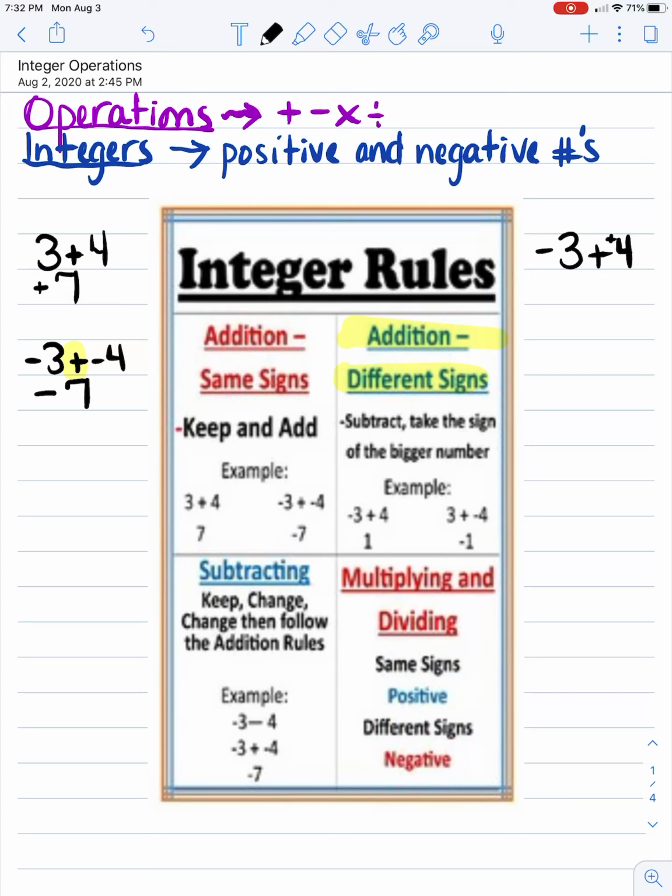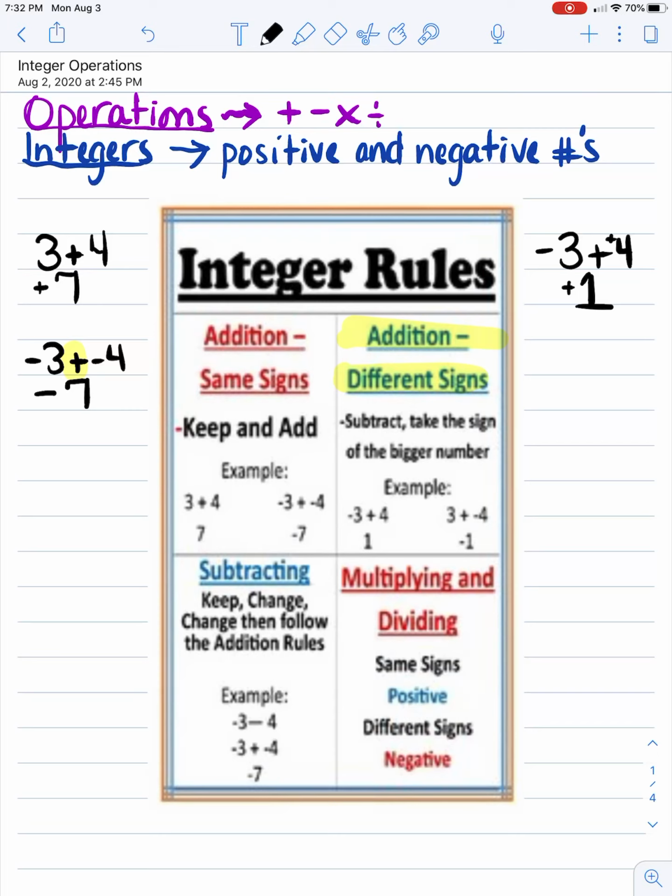So 4 take away 3 is 1. And when they talk about the bigger number, they really want the bigger absolute value. So which of these numbers is the farthest from 0 on the number line? Negative 3 or positive 4? Well, it's positive 4, so that's technically the bigger number, so my answer is positive 1.